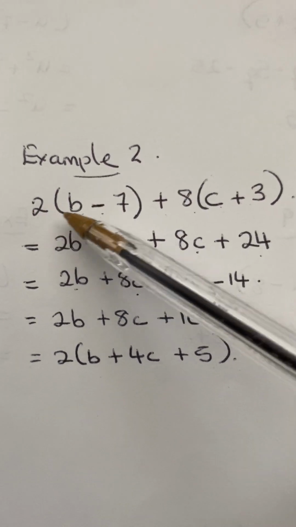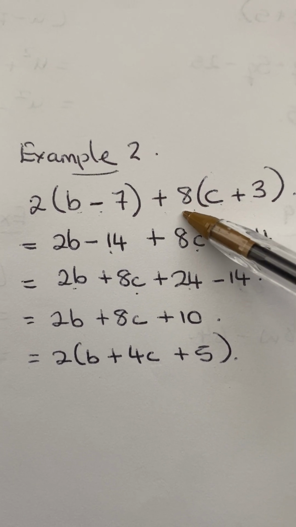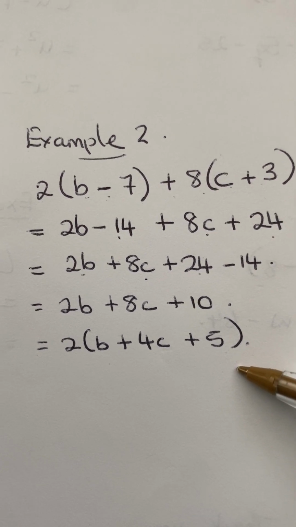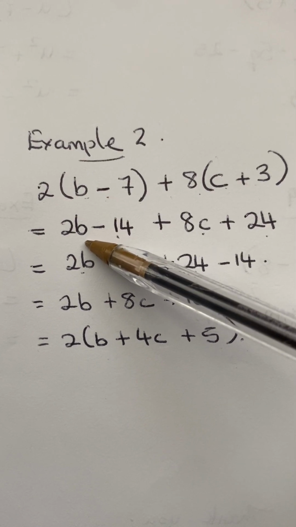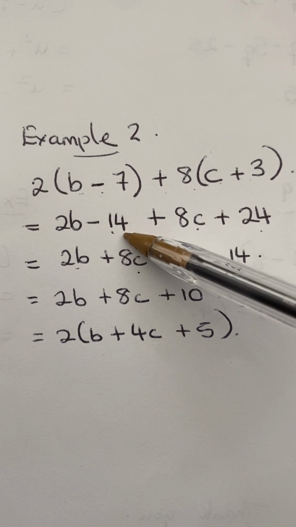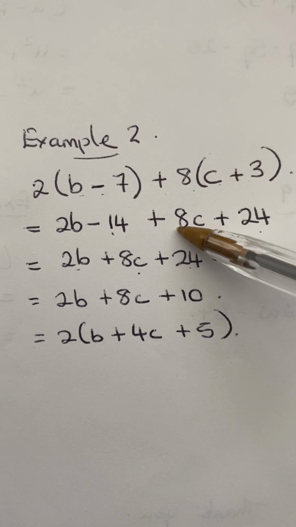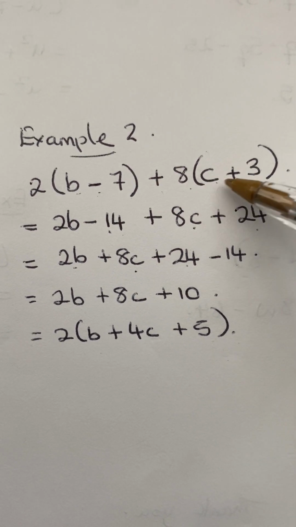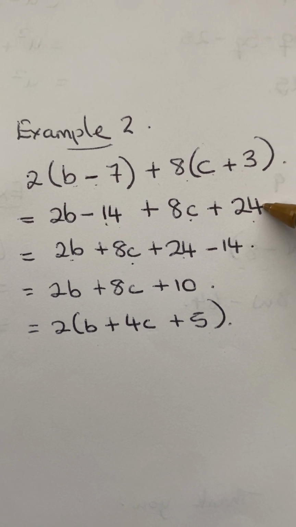So 2 will multiply everything here, plus 8 will multiply everything here, and then we'll simplify. 2 times b is 2b. 2 times minus 7 is minus 14. 8 times c is plus 8c. Positive 8 times positive 3 is positive 24.